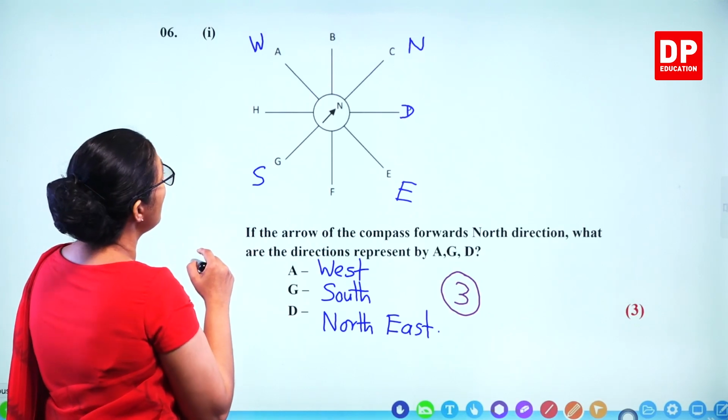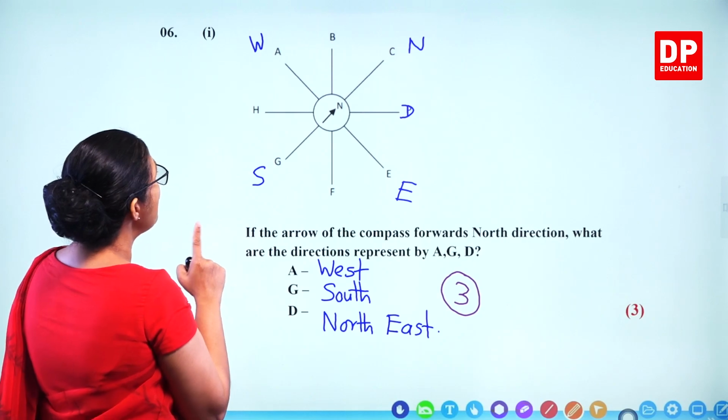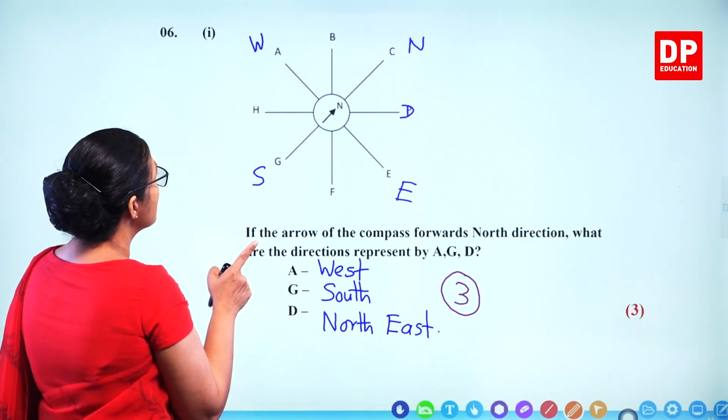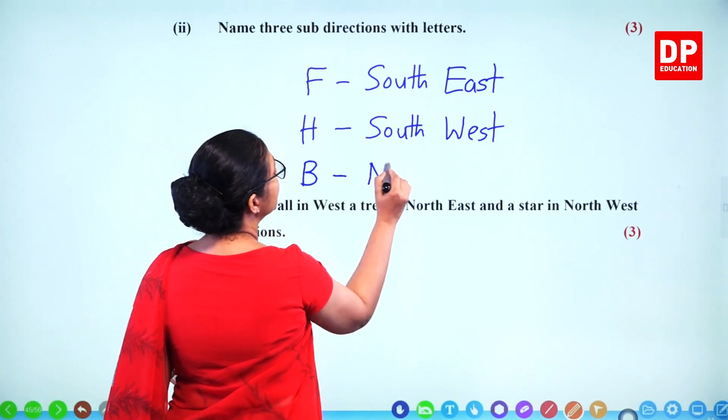And you can identify C. C is not. B. B is northwest. B, northwest.